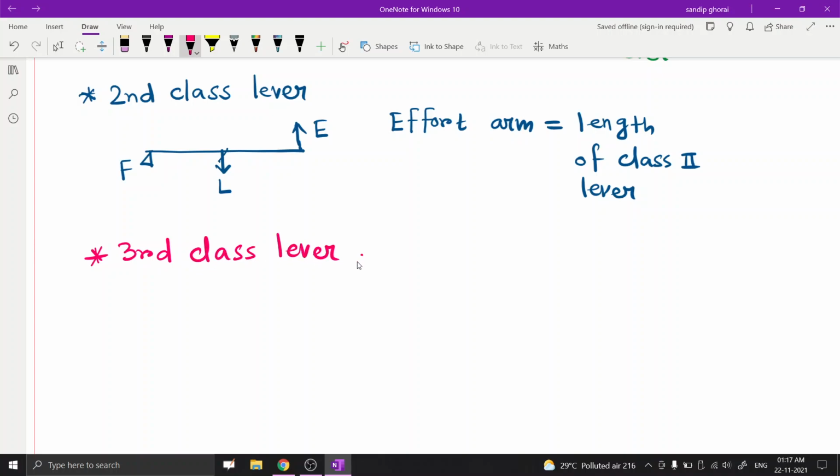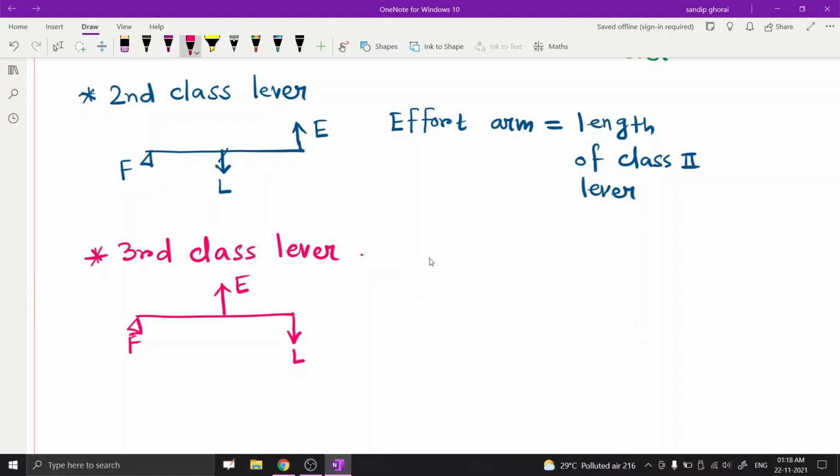In the third class lever, one end is the position of the fulcrum and the other end is the load, and the effort is applied in between load and fulcrum.